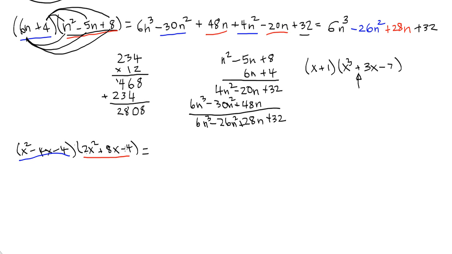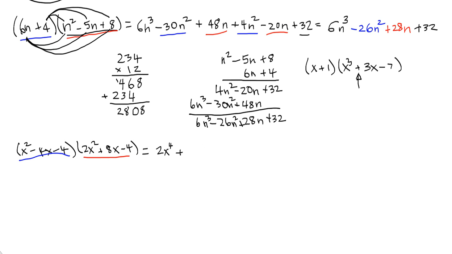So x squared times 2x squared is 2x to the fourth. Product of powers, 2 plus 2. X squared times x squared, x to the 2 plus 2 is x to the fourth. So 2x to the fourth. X squared times 8x is 16. Oh, no, it's not. Let's erase that. You didn't see me do that, did you?